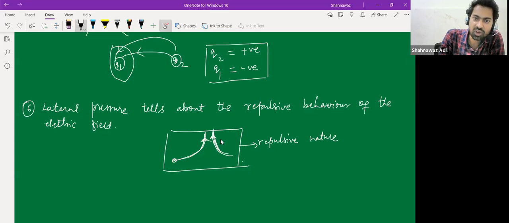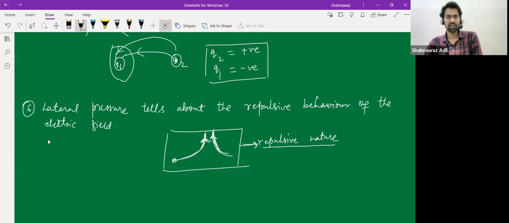So they move away from each other. That tells that they are repelling, which means that this tells about the repulsive nature. Okay, understood. Yes. Yeah, so when I draw the electric field lines due to this positive charge, you will be able to understand this more clearly.